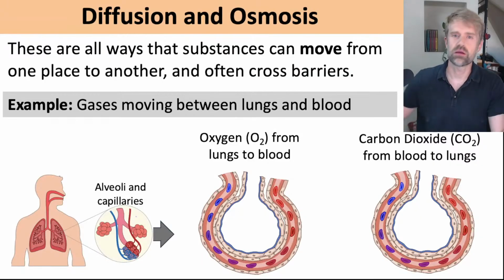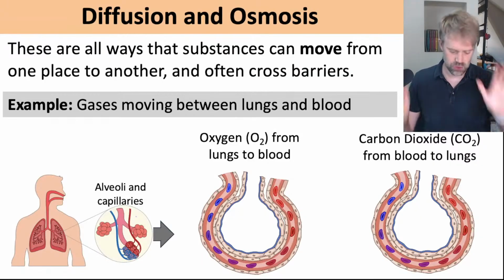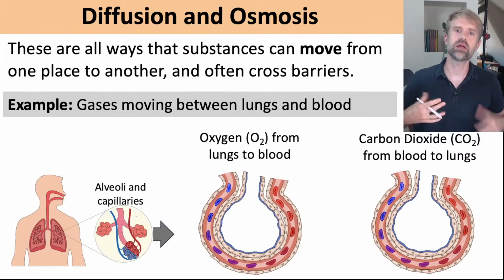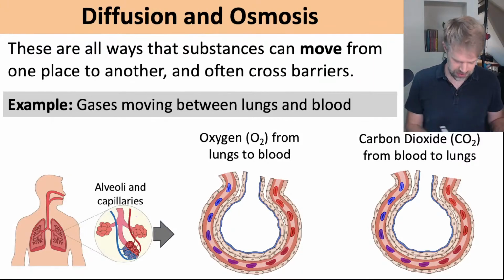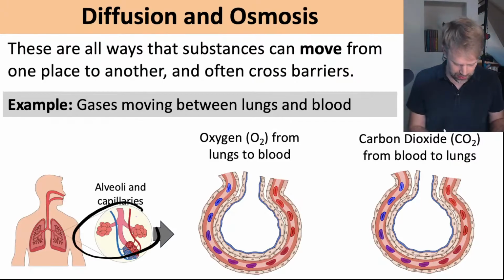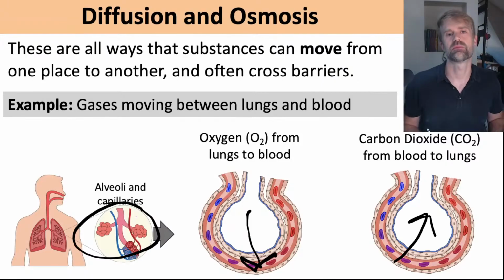For example, in the lungs, in this diagram you can see the person with the lungs, and the zoom in on the capillaries and the alveoli. We know that oxygen moves from the lungs to the blood, and carbon dioxide moves out of the blood into the lungs. Those are both examples of diffusion. Substances are moving from one place to another, and they're crossing barriers.